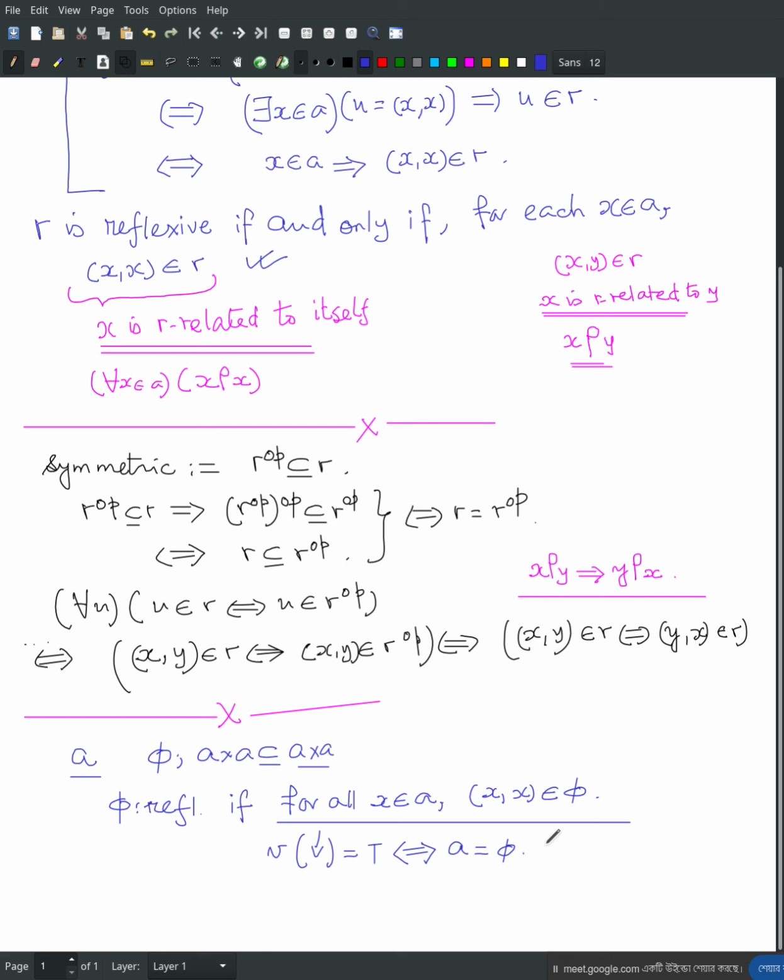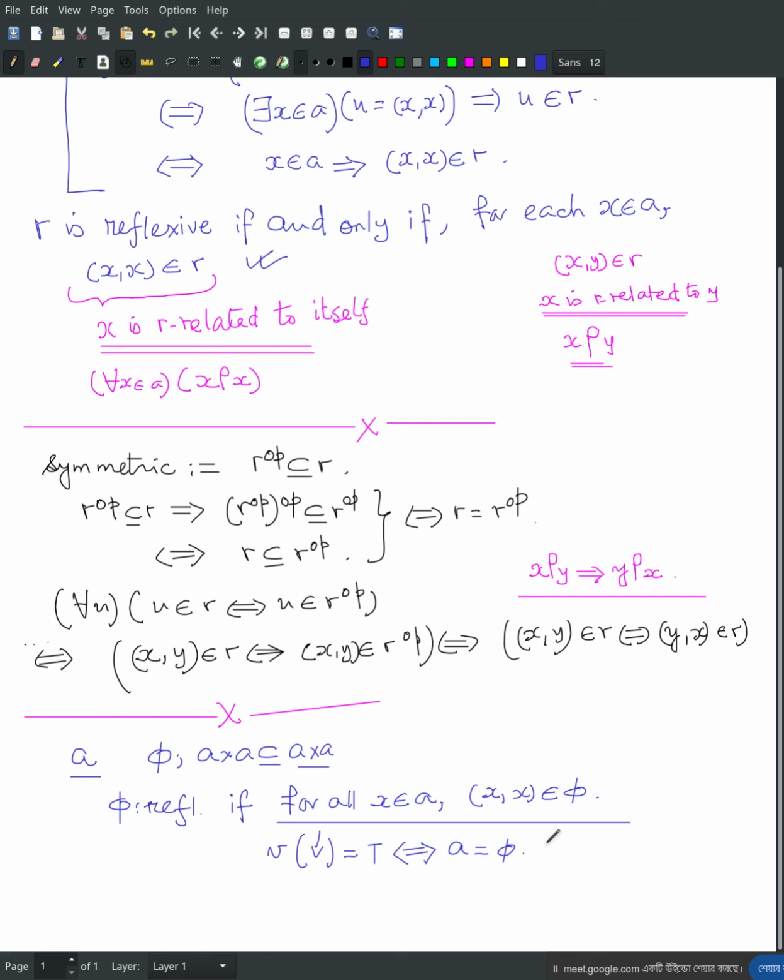Right? Yes. So therefore, the empty relation is a reflexive relation if and only if it is the empty set.